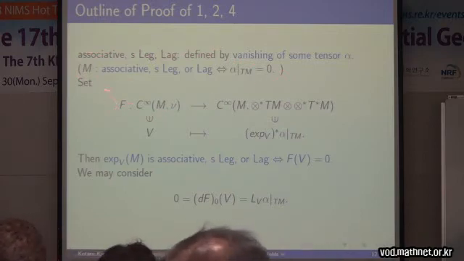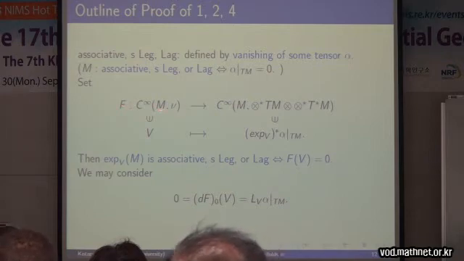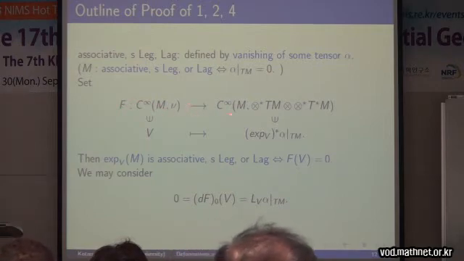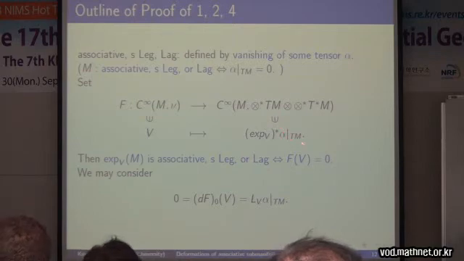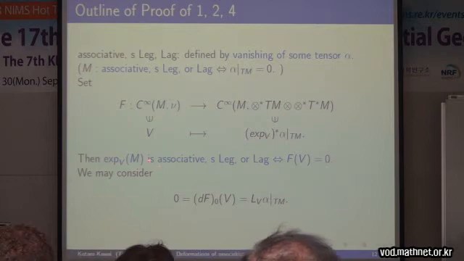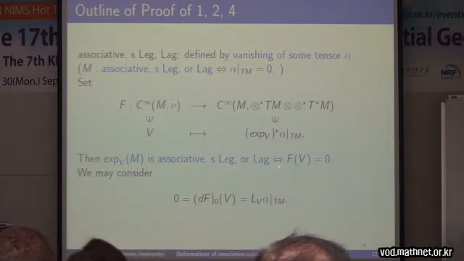We set this function F from C^∞(M, ν) to the space of sections of tensors, sending V to exp_V^*α. We consider this function. Then we easily see that exp_V(M) is associative, special Legendrian or Lagrangian if and only if F(V) equals 0.